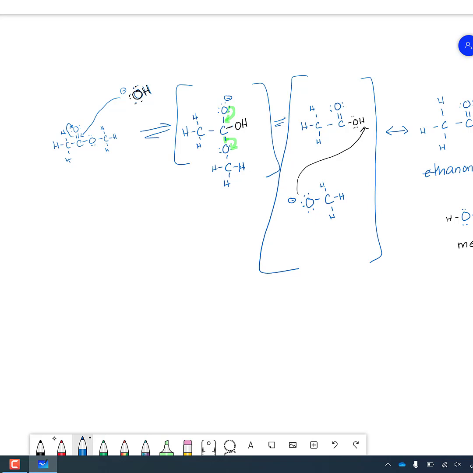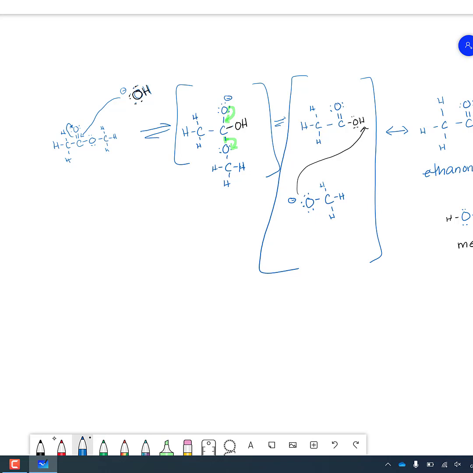Now, if we let this go long enough, it is possible that it can work with water in solution and take on a hydrogen and completely become the carboxylic acid, the ethanoic acid. And that's possible too. But for our purposes and for what we're seeing in your book, we're going to stop at the carboxylate ion that's shown here.